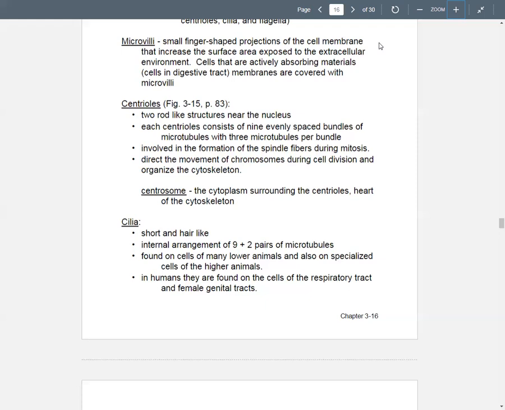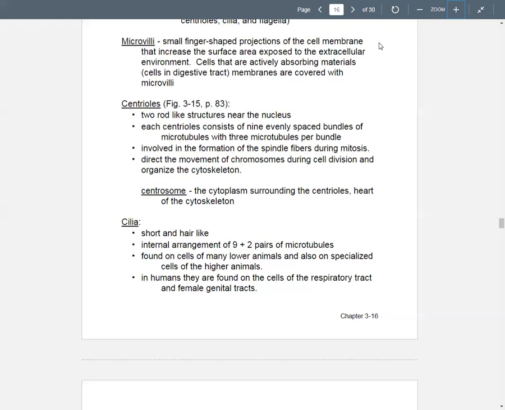You also have centrioles. These are a pair of rod-like structures. You usually see them near the nucleus. Inside each centriole, you're going to have 9 bundles of microtubules, and each bundle is going to have 3 microtubules in it. And what do they do?